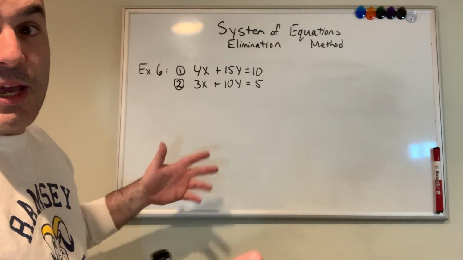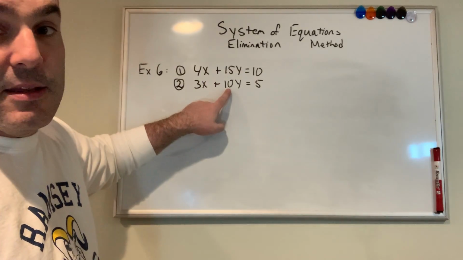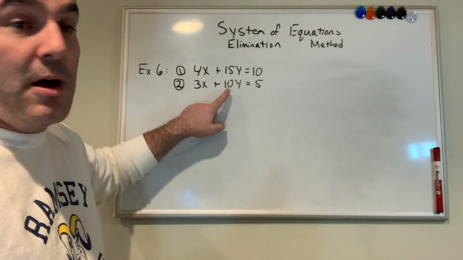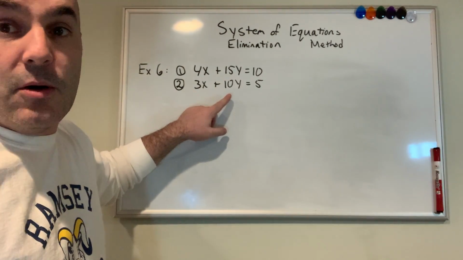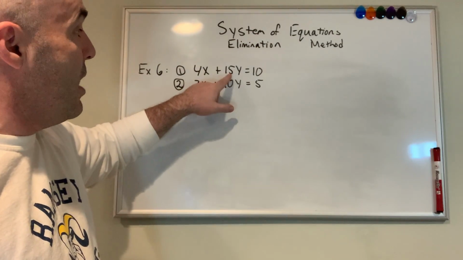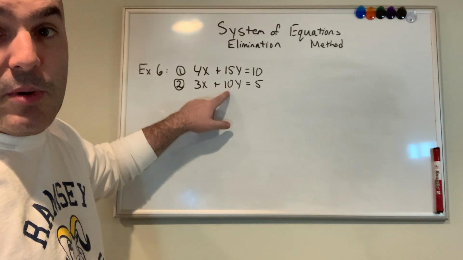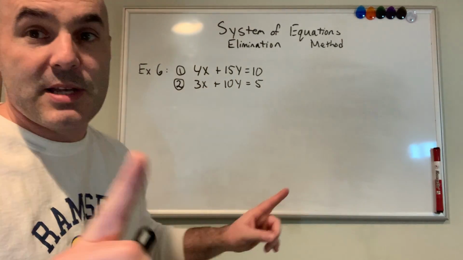Or a negative 4, excuse me. Now, if I'm taking a look at 15 and 10, they're not going to cancel, but if I think about the least common multiple of 15 and 10, well, they both have 30 in common, okay? So to get to 30y, I'd only have to multiply the top equation by 2 and the bottom equation by 3. So that's why I'm going to end up doing this, but remember, one's got to be the opposite.